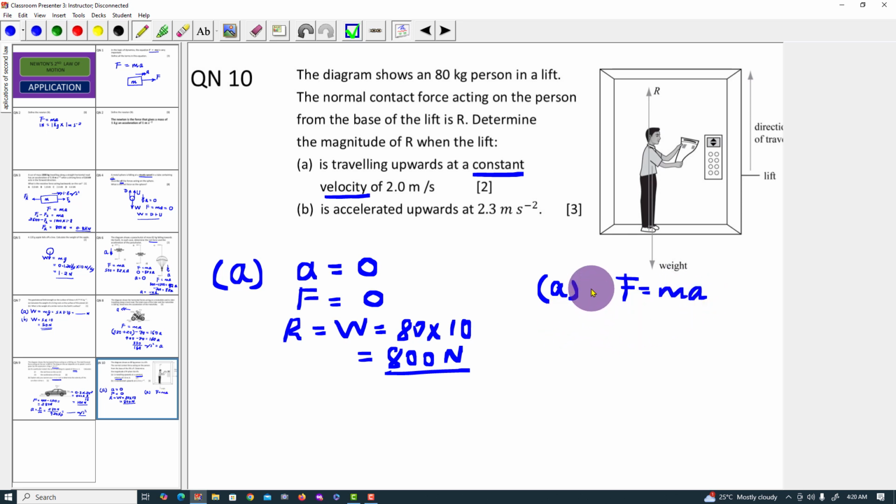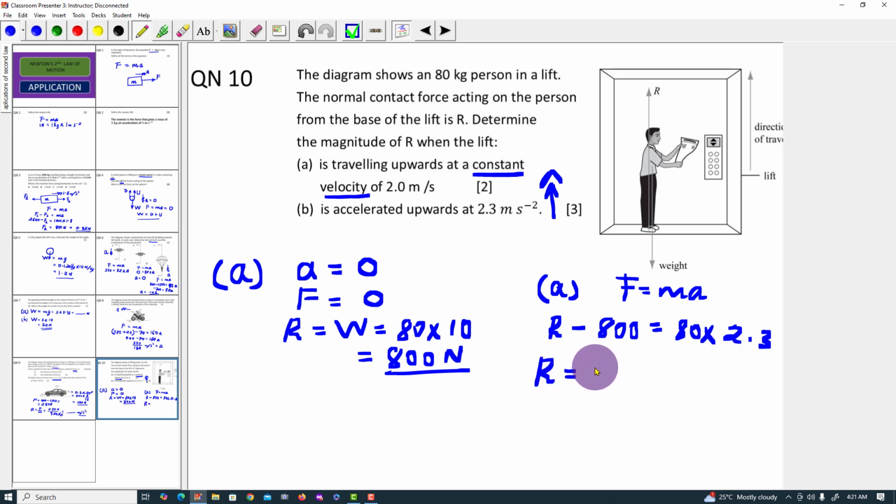We're going to say that since the acceleration is upwards, then R is larger than W. So we are going to say R minus W, which is 800, is going to be equal to 80 times 2.3, and you can see that the value of R this time will be 800 plus again 80 times 2.3.